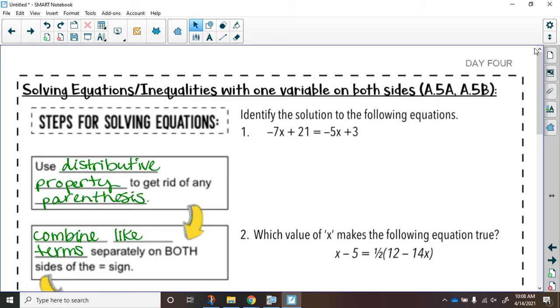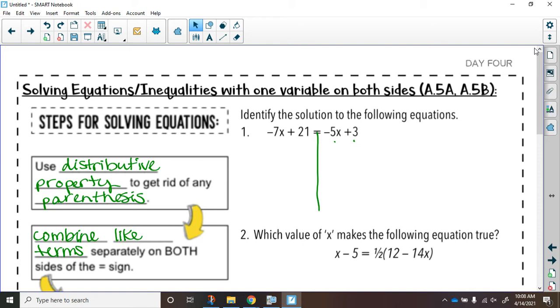And then if I draw my line down the middle, I can't combine an x with a 21. They're not the same. Neither is a 5x or a 3. Those are not the same, so I can't combine them.